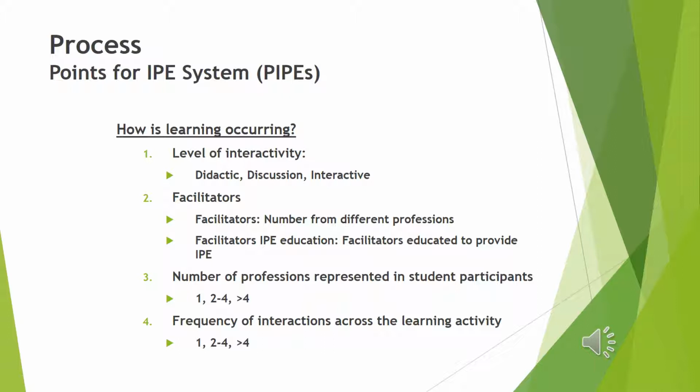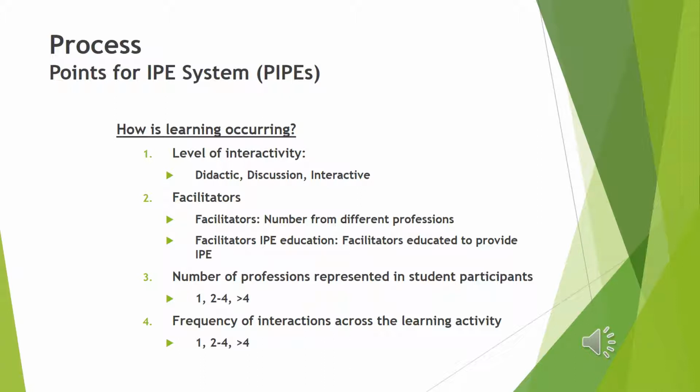The professions are determined by the professional program, not the specialty practice. So for example, if there were a group of physicians working together and we had a surgeon, a family practice physician, and an endocrinologist, this course would receive a score of 0 points because these individuals would be from the same profession, which in this case would be medicine.